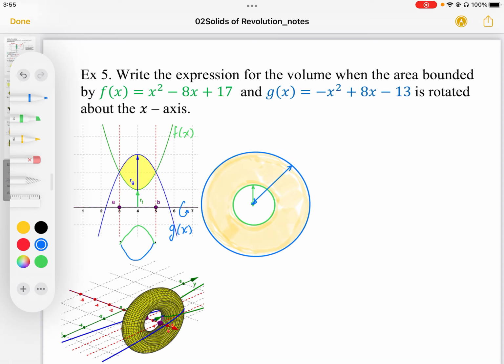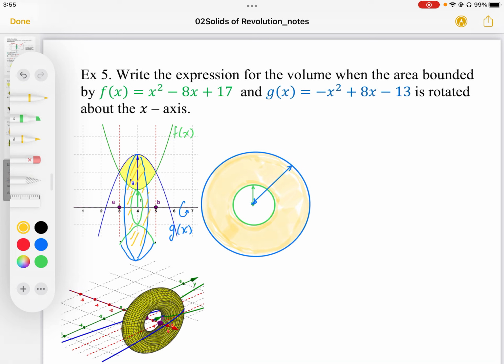There's the outside. The outside radius is going to generate this circle around the outside like that, and then the inside radius, that green line, is going to generate a circle on the inside kind of like that. What we end up with is this cross-sectional area, which is going to be represented by this washer. I've drawn the washer on the side here.